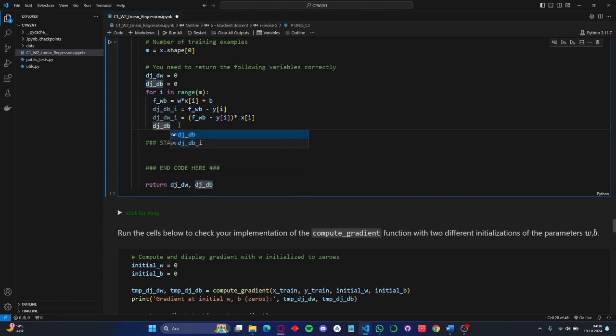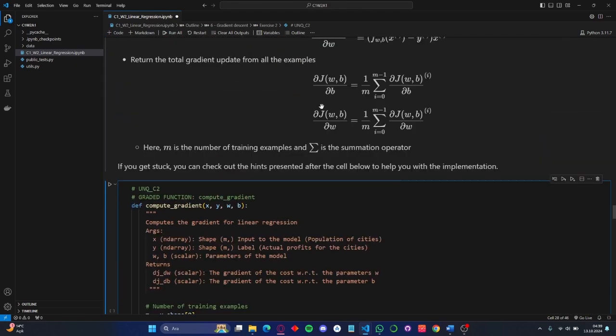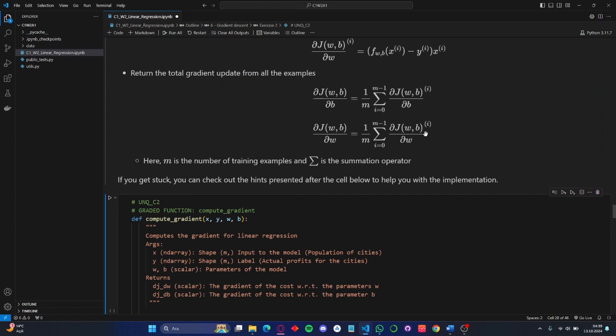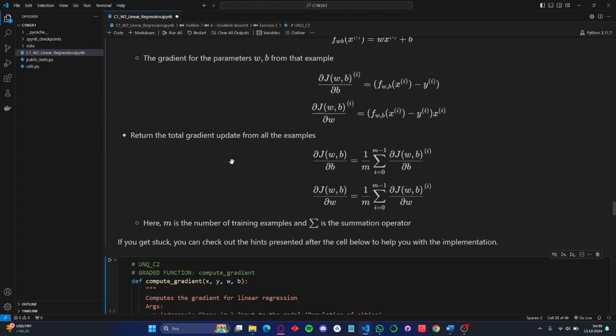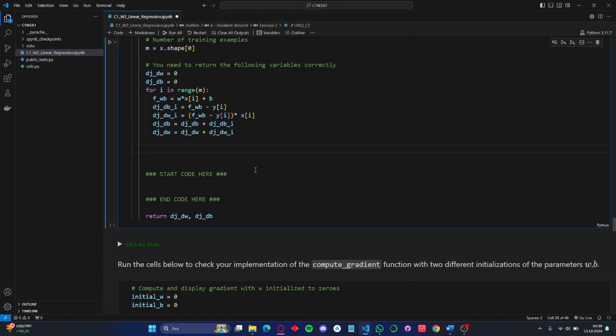And here we write this function. We have to multiply by 1 divided by m for the total gradient update from all the examples.